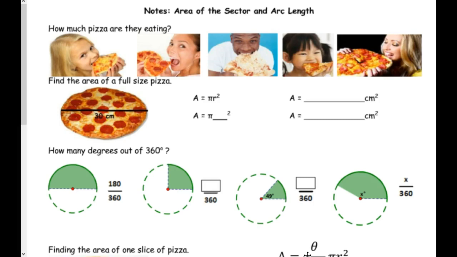So, who likes pizza? 3, 4, 5, okay. Not even half the class? Oh, okay, sorry. Who loves pizza? Okay. Now Miss Morero thinks I'm weird because I only like pepperoni. Like, that's it. So who likes supreme pizza? Supreme means everything's on it. So raise your hand if you like supreme pizza.